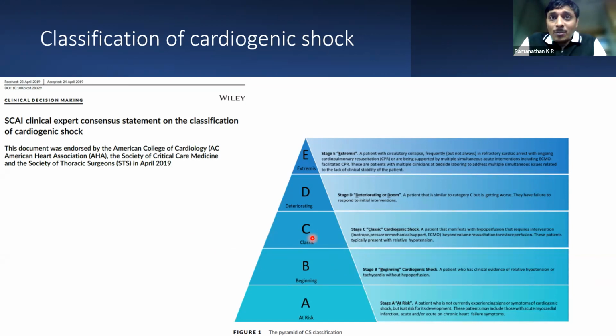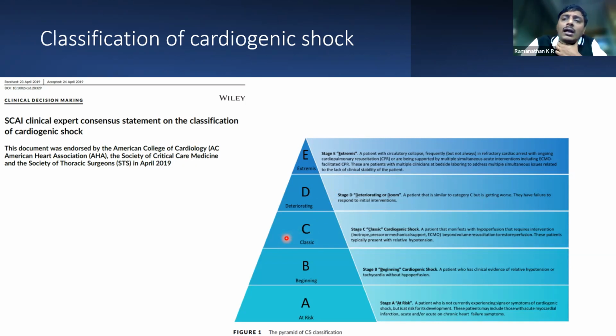Now, most of our patients get better with intervention at this stage. A subset of these patients do deteriorate. Of course, they deteriorate either because our initial interventions like inotropes don't work, or they deteriorate even after going on mechanical cardiac support. Now, those are the patients who go on to stage D or stage E.